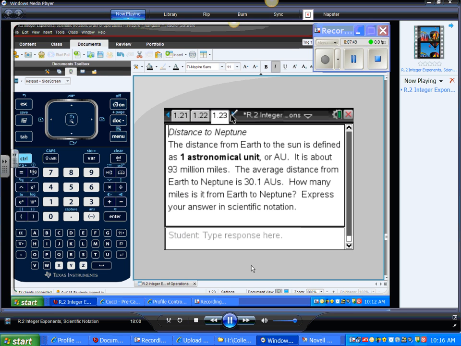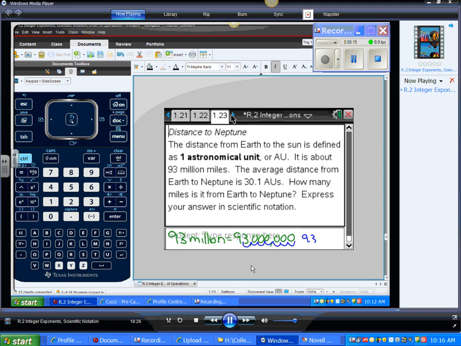So what we're going to have to do is take our values, 93 million, and convert that, and we're also going to convert our 30.1. We're going to convert both of those to scientific notation. So 93 million in scientific notation, we're going to move that 7 places.